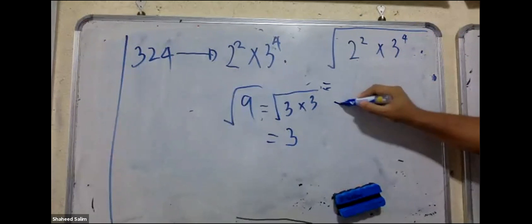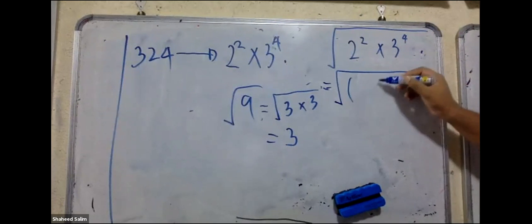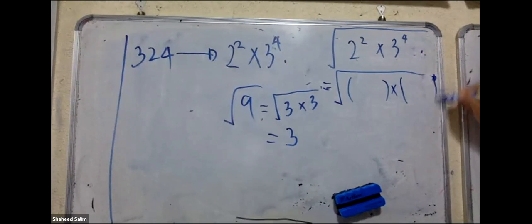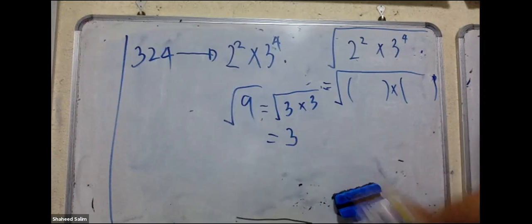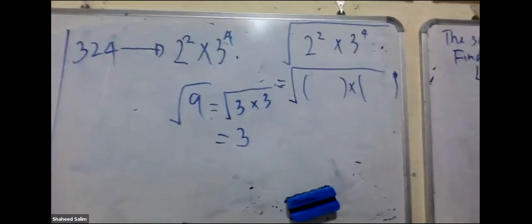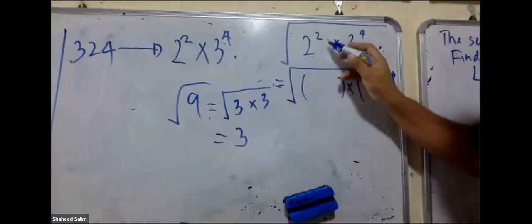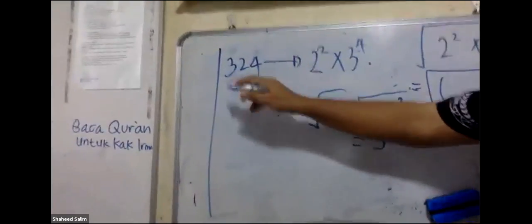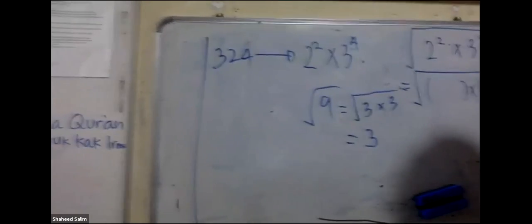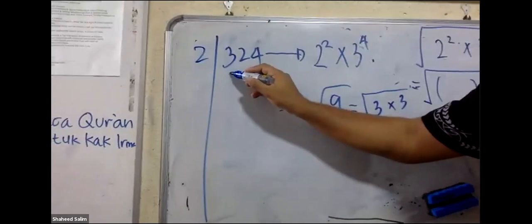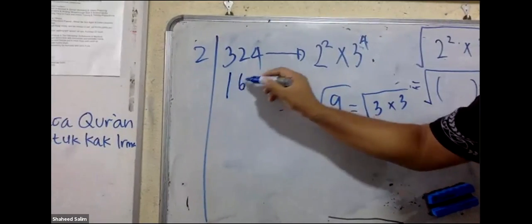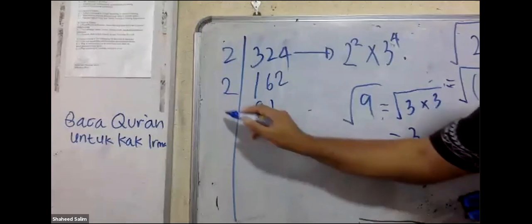Now, if I can put it into two groups, then the answer will be one of them. So now let us see. 2 to the power 2 means, when you do down here, you tell me what's your working. You get 2. What's the answer down here? 162. Divide by 2. 81. Good. Divide by 3.